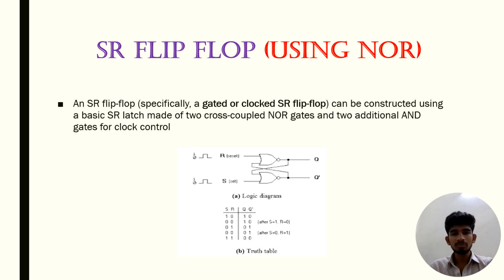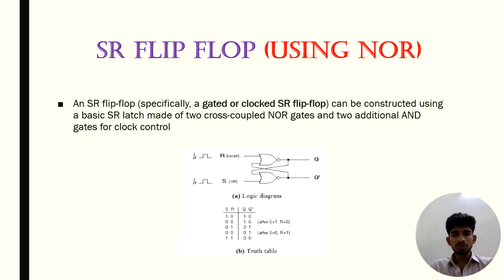For the circuit diagram, the NOR gates are cross-coupled, the inputs are R and S, and Q and Q bar are outputs. This is the logic diagram for SR flip-flop using NOR gate.